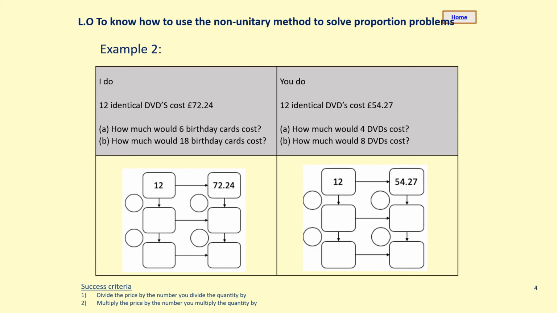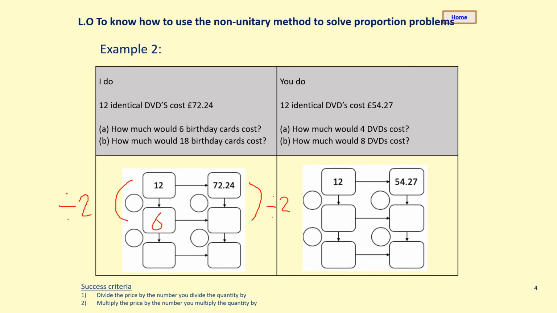This says birthday cards, I know, that should say DVDs. Apologies for that. So 6 DVDs, half the amount of DVDs as we originally had, are going to be half the price. So because 6 is half of 12, the price is also going to halve as well.